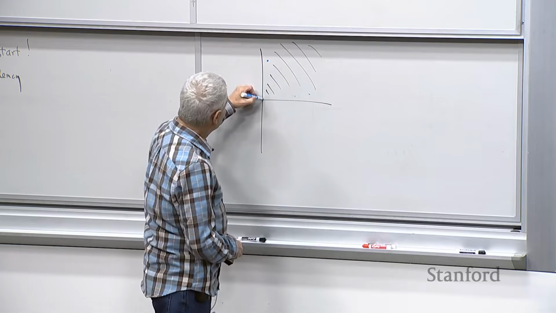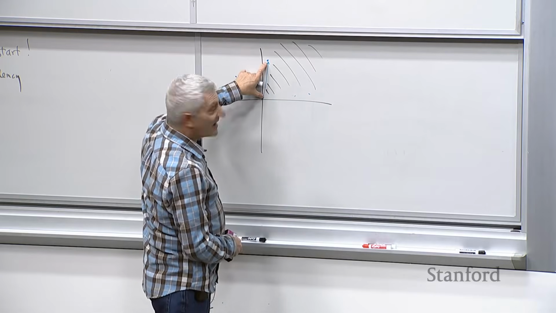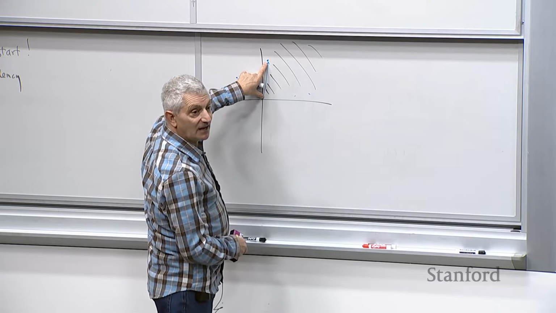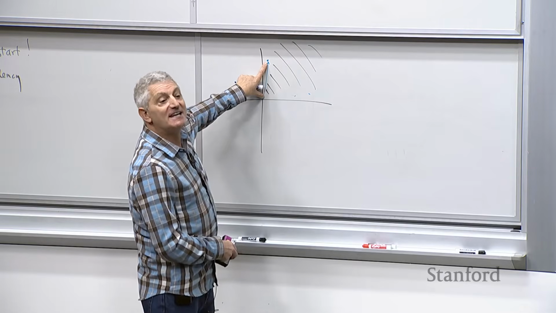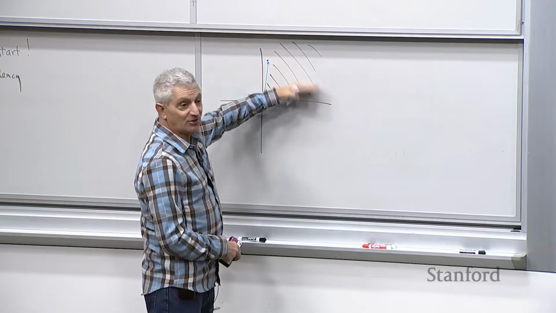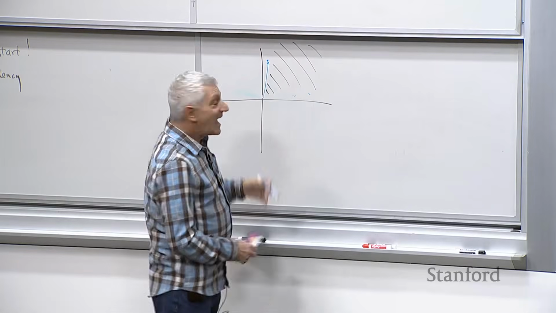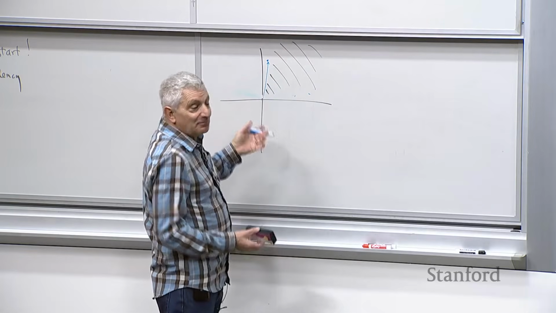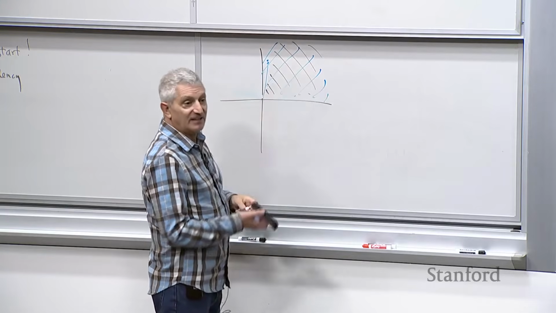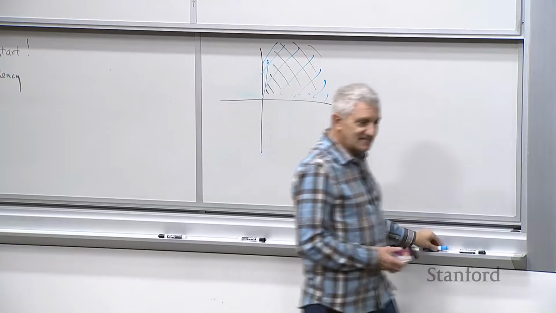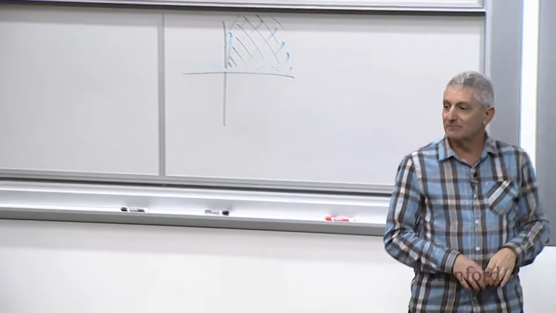What I'm asking is does this vector have a non-negative inner product? Is it plus or minus 90? Is it within 90 degrees of every vector here? And the answer is it is. And what you figure out pretty quickly is that the dual cone is going to be this. It's basically itself. And that has a fancy name that's called a self-dual cone. Okay? So this is the picture.